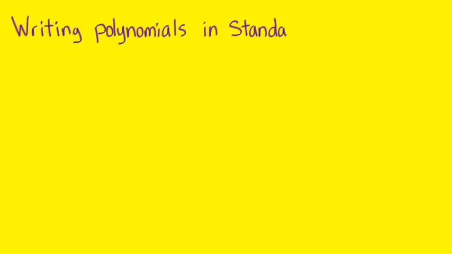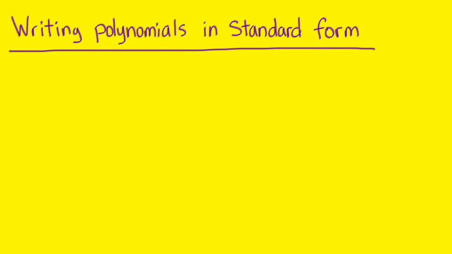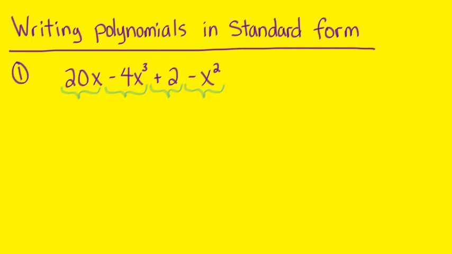Let's go ahead and write the polynomials in standard form. Well, what does that mean? Well, that means we want to write the highest degree of monomial first, right? So we could see that the degree here is 1 for the first one, 3 for the second, 0 for the third, and 2 for the last one.